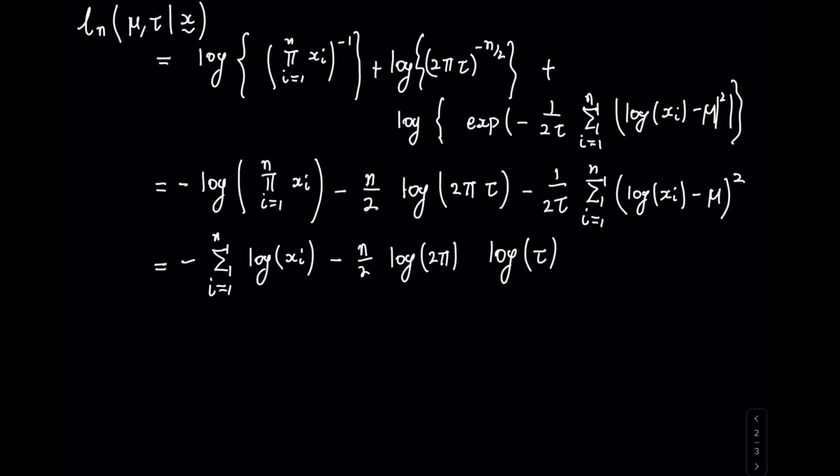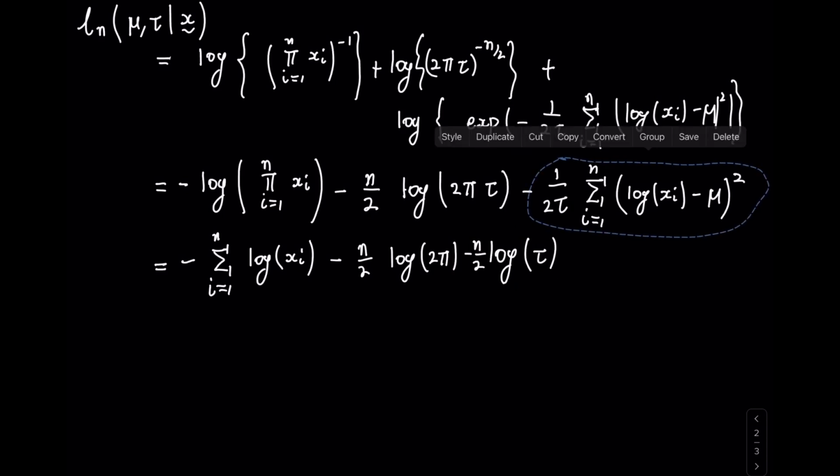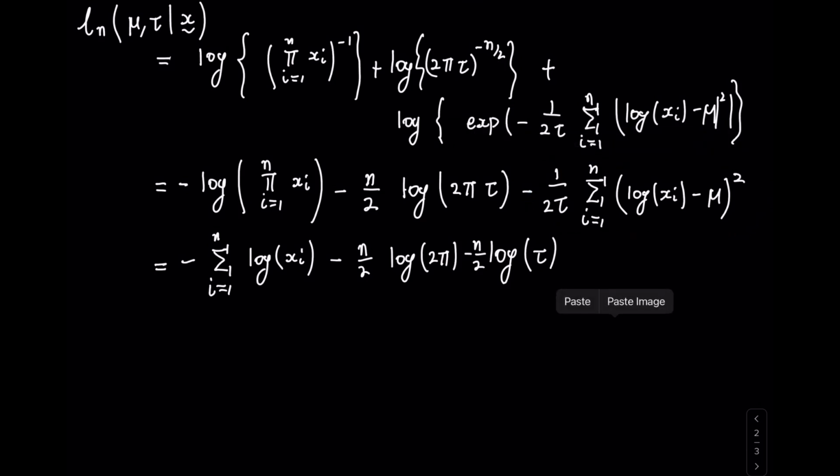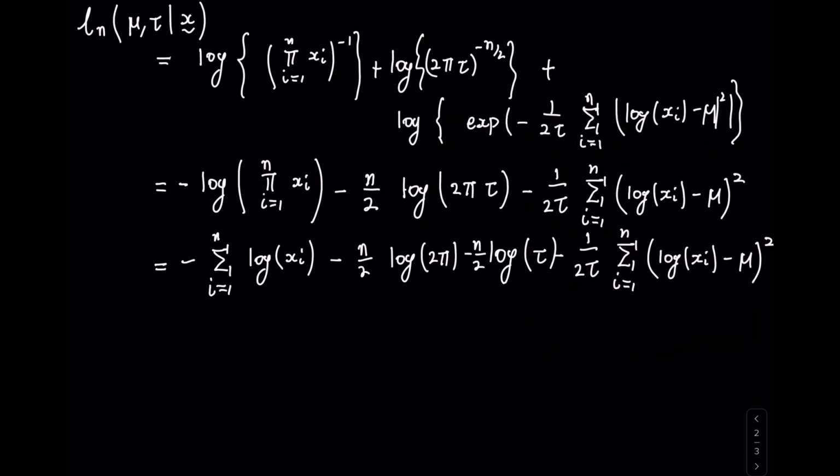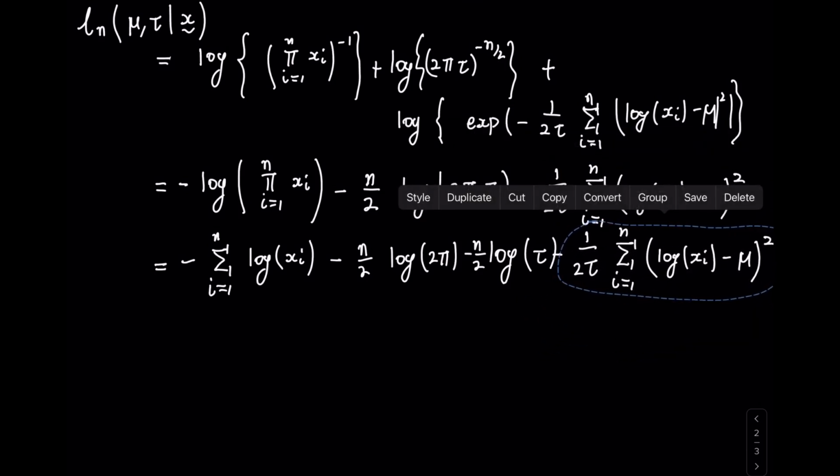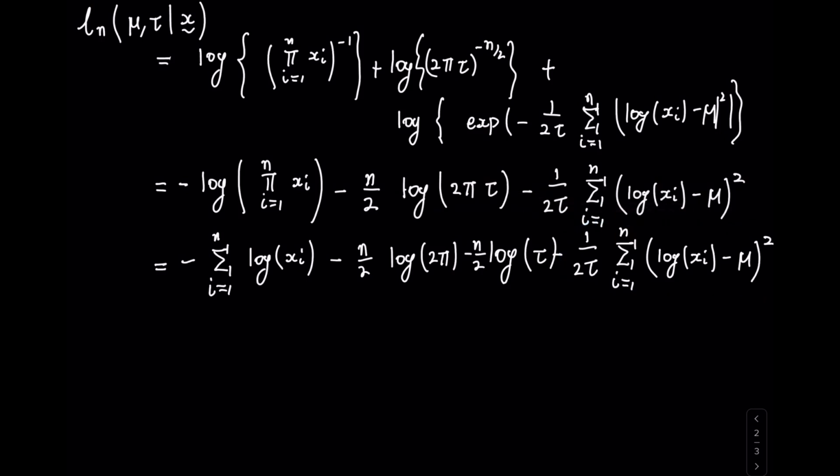Now, just remember though, we still have this -n/2 at the front operating on both, so I'm going to write -n/2 here. And then of course we've got our final expression here, which I'm just going to copy and paste instead of rewriting, just for simplicity.